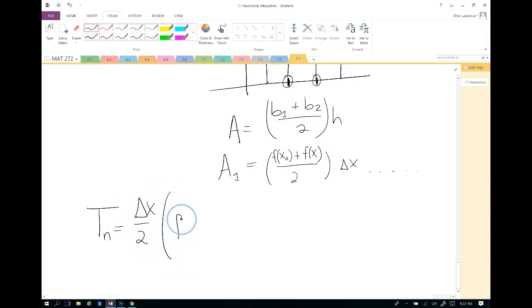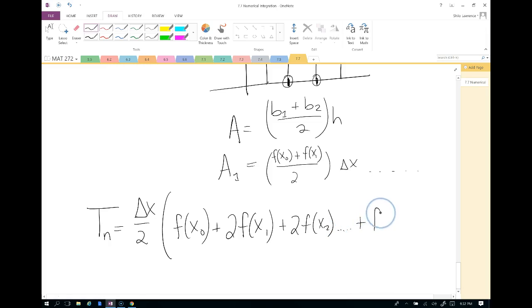And in the parentheses, we've got our initial point, and then we're going to have 2 of each of the intermediate points. But then we're only going to have 1 of the end points. So we just have 1 at the very beginning and 1 at the very end, but then we have 2 of all those intermediate points because they serve as the right boundary of the trapezoid before it, and then the left boundary of the trapezoid after it.